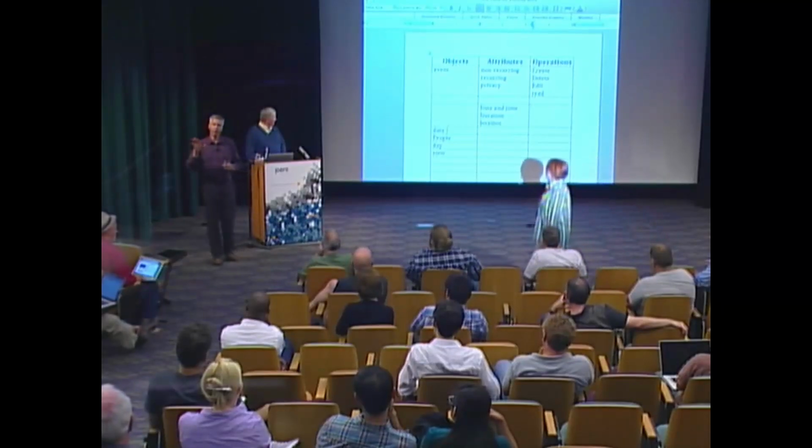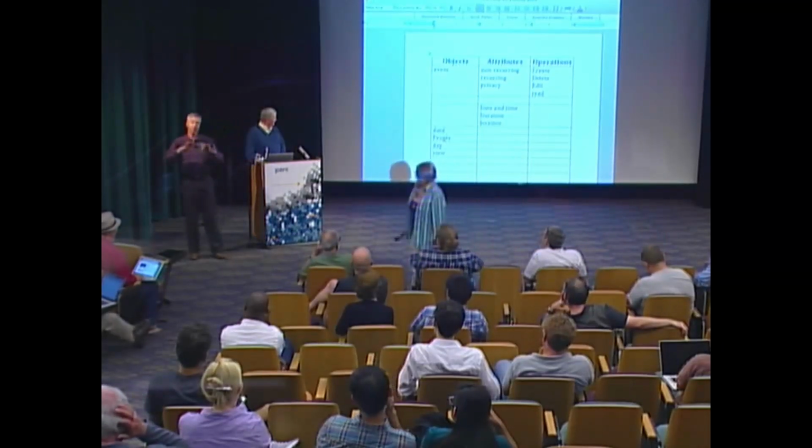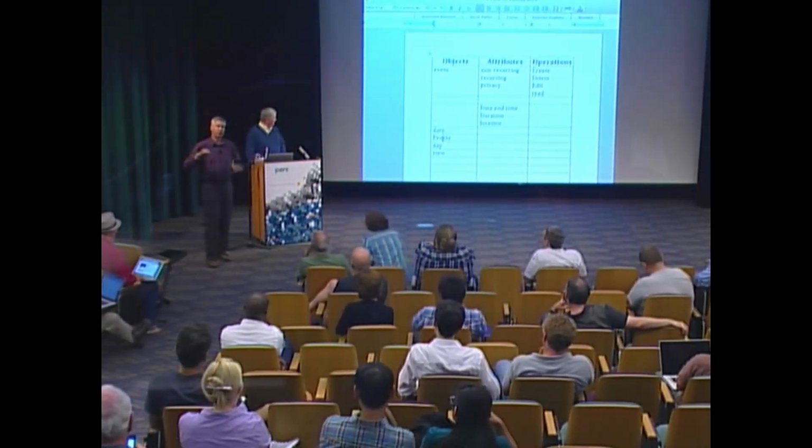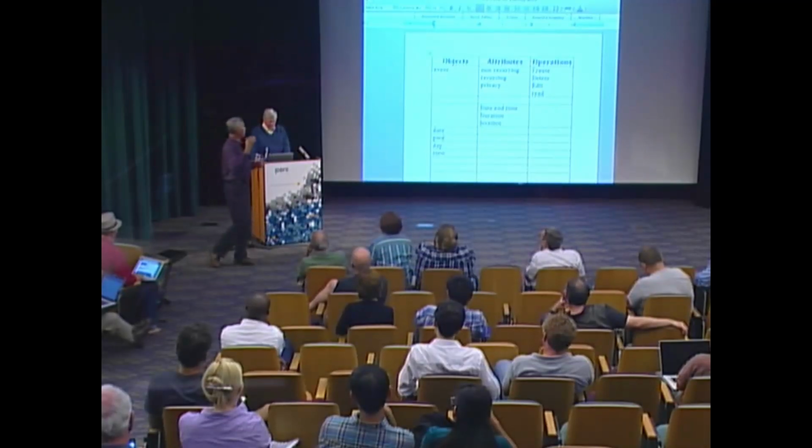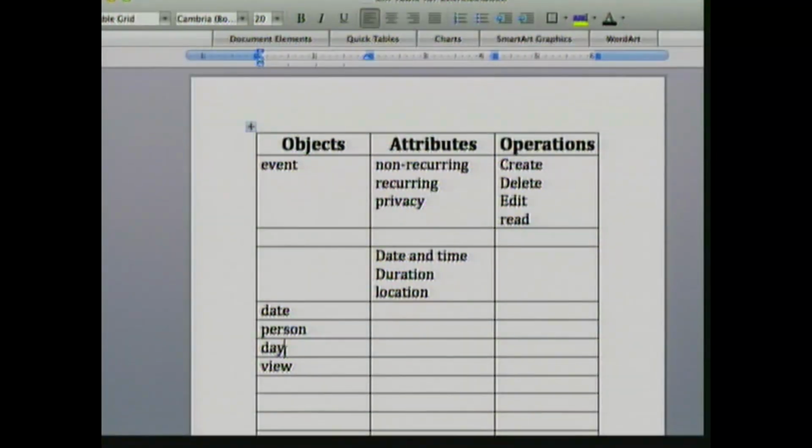Okay, so what he said is an important insight which I want to spread around the room. Whether you make subtypes separate objects, like checking account as a subtype of bank account, depends on whether you think that those things have different attributes and operations.